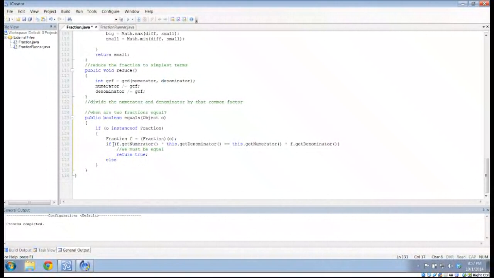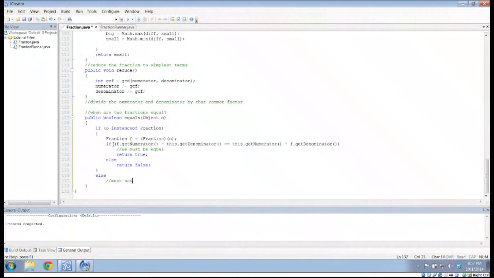Otherwise, we're going to return false. And then if I make it outside of here, if I make it here and I hit an else, then if I hit this else, that means we must not have been a fraction.